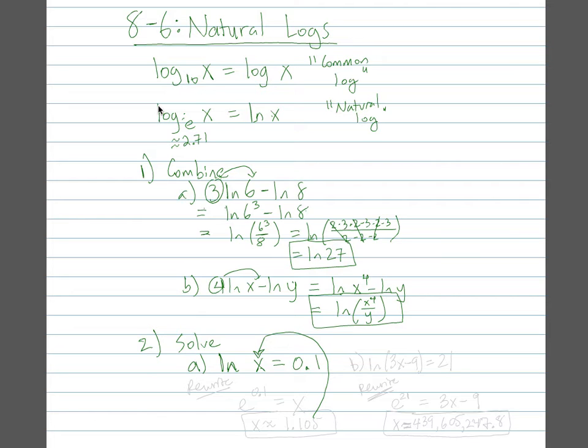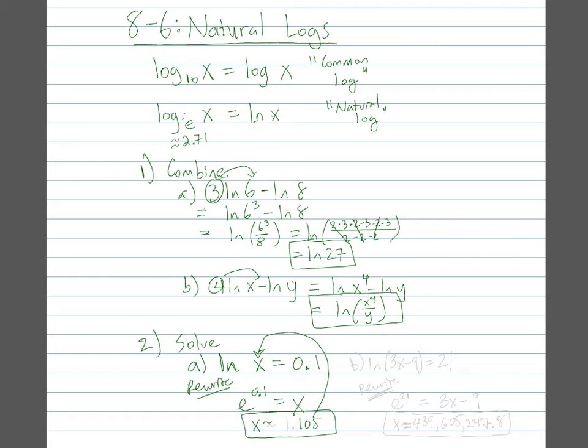Question, ladies and gentlemen, can I log both sides? You already have a log here, so no. What you can do, though, is rewrite this. Think about what your base is, guys. It's not 10. What is our base here? e. So we're going to write e to the what exponent? e to the 0.1 equals x.